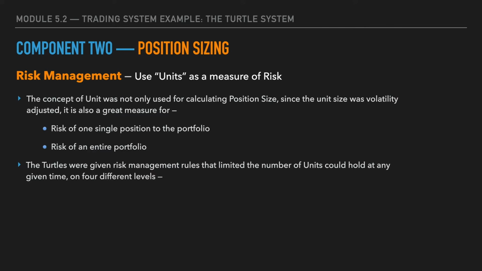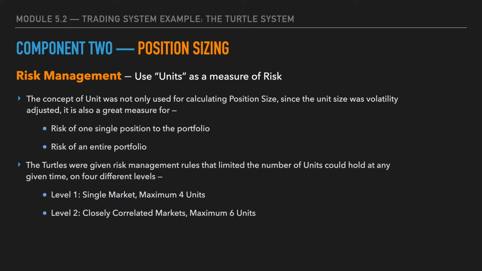I'm going to explain what the 4 different levels are. Level 1, single market. For any single market, the maximum position size is 4 units. Level 2, closely correlated markets. If markets are closely correlated with each other, then the maximum size for all the correlated positions together is 6 units.